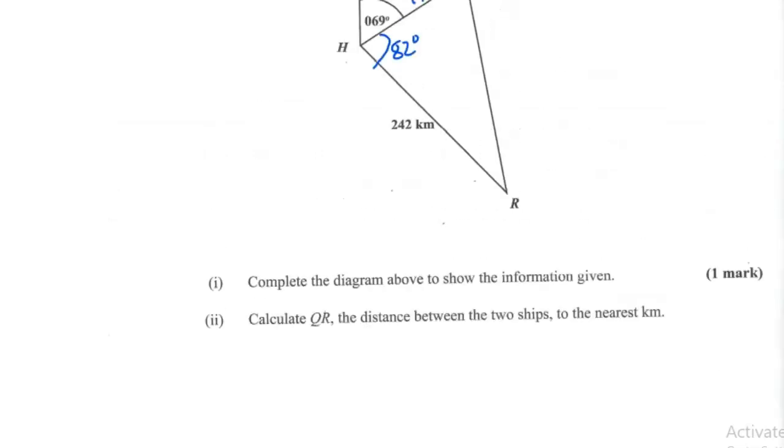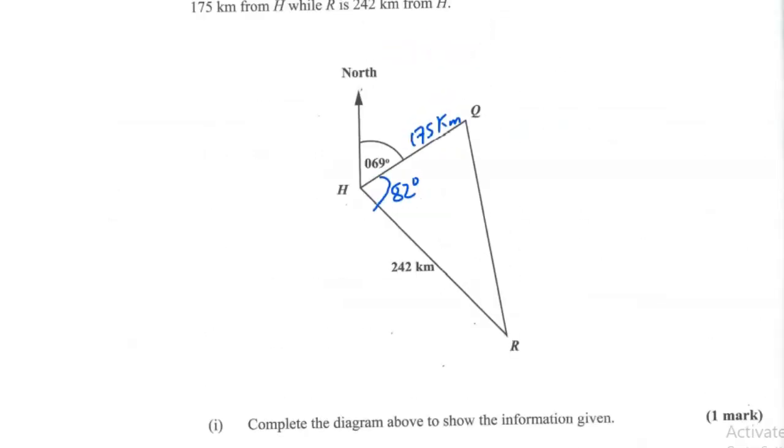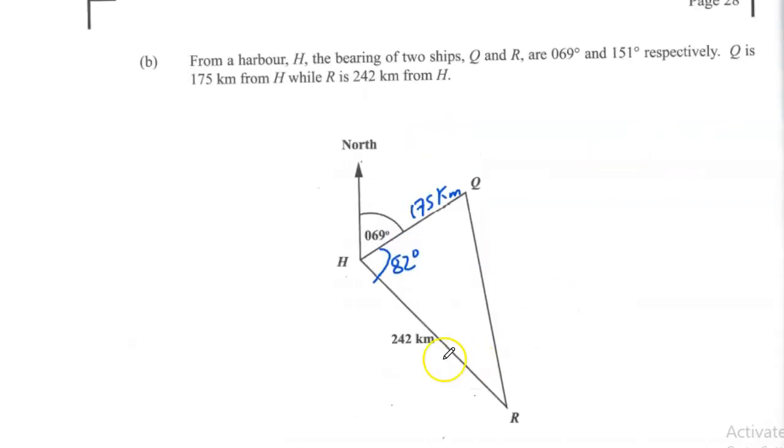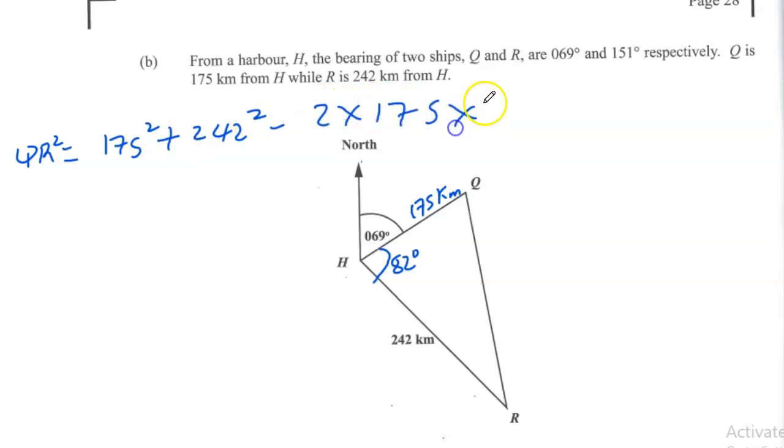calculate QR. So of course we can use the cosine rule to find QR. So QR square is equal to the other two sides square, which is 175 square plus 242 square minus 2 times these very same sides, cos the angle between these sides, which is 82 degrees.